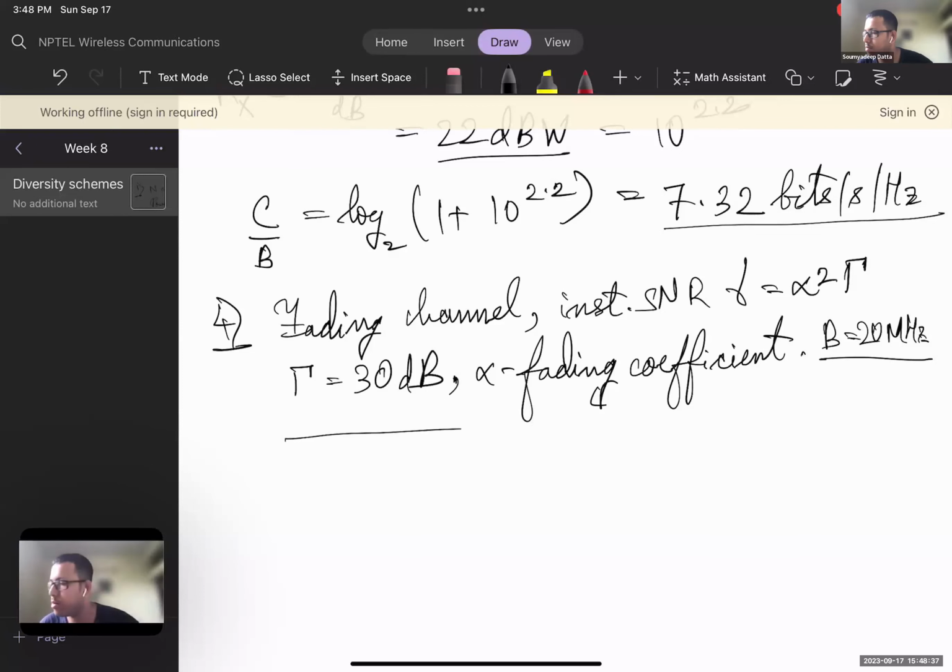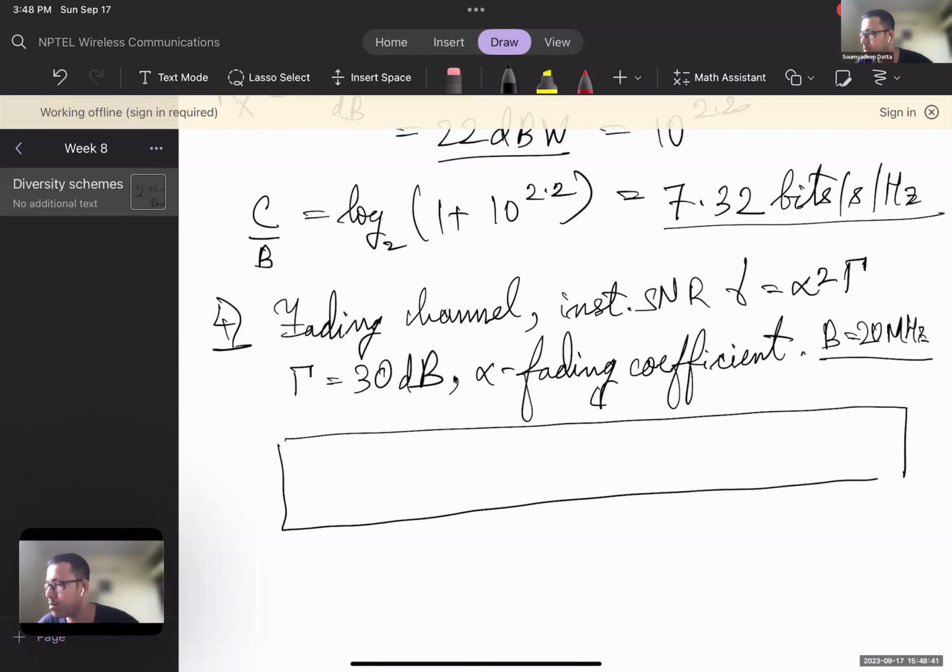And for alpha, there is a table where you're told that alpha can take all of these values, alpha i, with a certain probability.